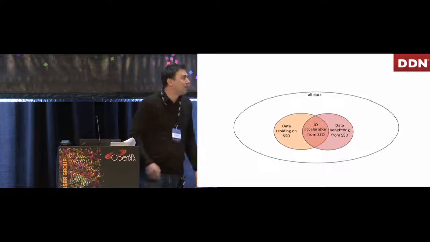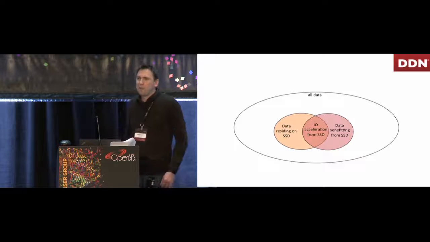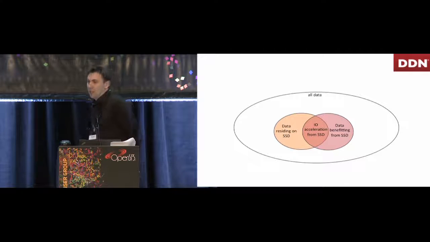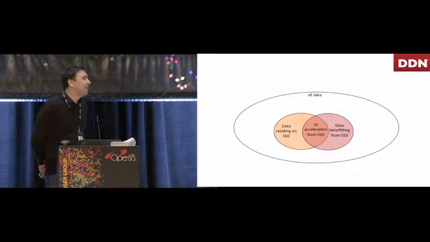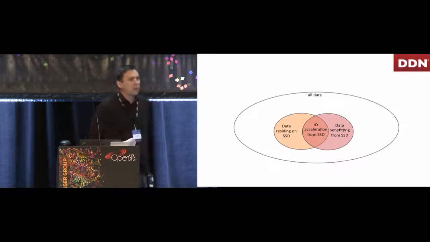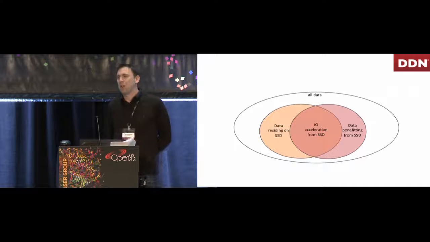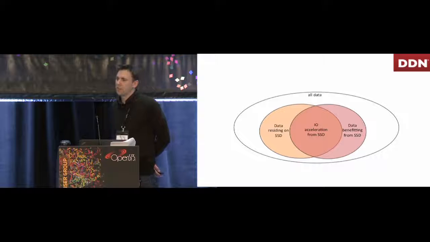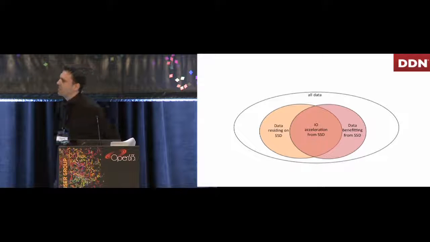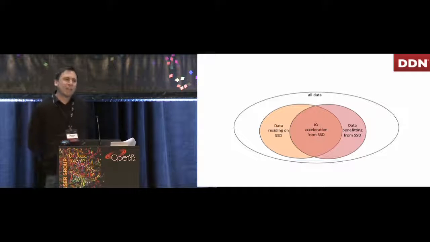Over time, then of course, economics drives the evolution of larger SSD drives, and we get more data residing on SSDs. That's fine. But we also need to push to increase the amount of data, so the subset of your whole data that really benefits from being placed, so written to or read from an SSD. So let me explain a little bit.